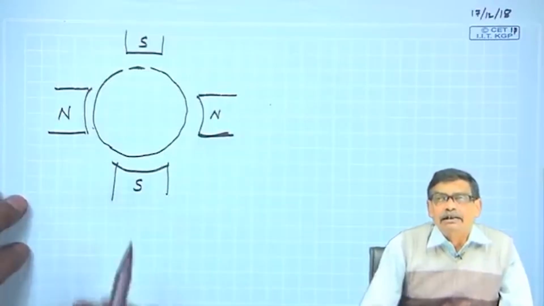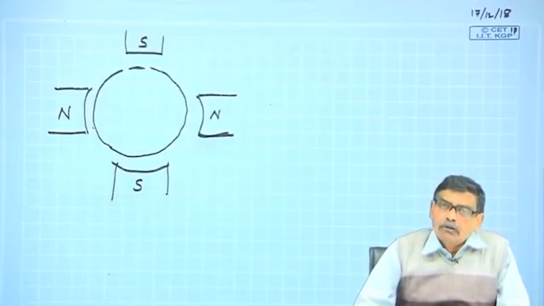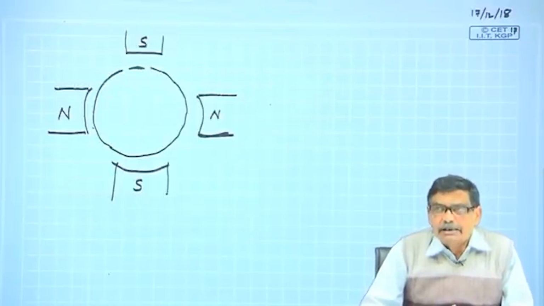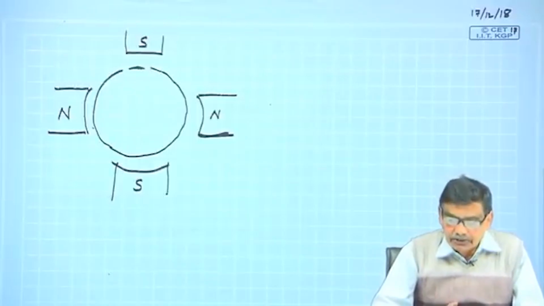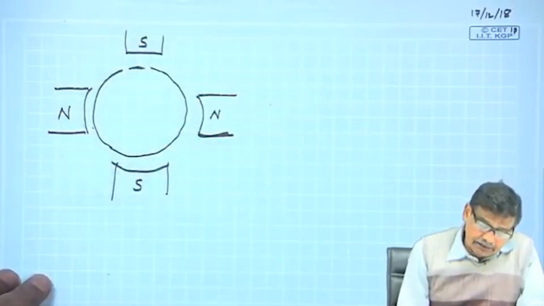Please go through the earlier lectures where I have indicated how rotor or stator irons can be magnetized such that 4 poles are created using 2 coils. You recall that. But anyway, just for understanding I will do it like that.